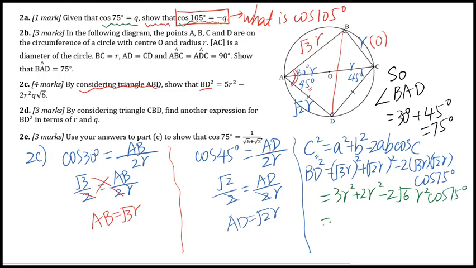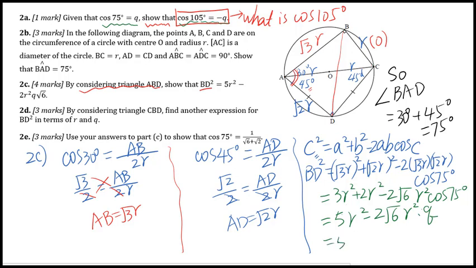Then we combine like terms. You will get 5r squared minus 2 square root of 6r squared. For cosine 75 degrees, that is q. So we multiply by q. Let's organize.